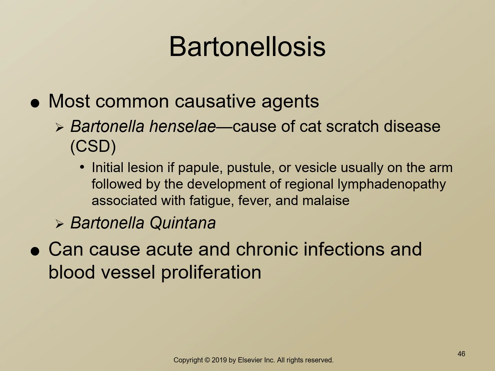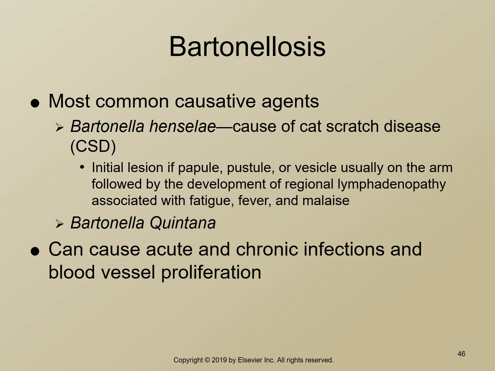The two important species are Bartonella henselae and Bartonella quintana. These are intracellular bacteria transmitted by insects such as sandflies, human body lice, and cat fleas, or by animal scratches or bites, hence the name cat scratch disease.